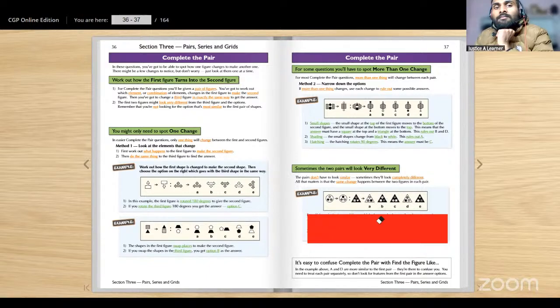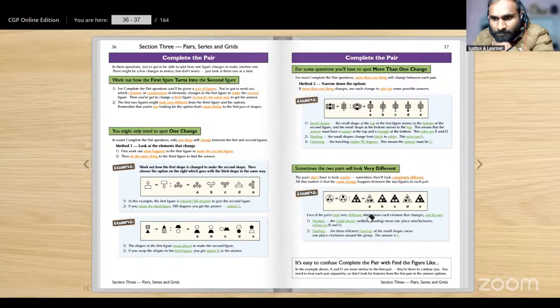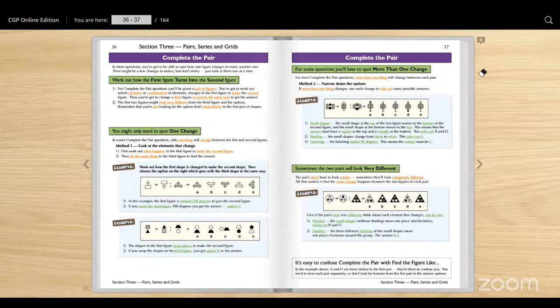Where have you gone? Prisha, Prisha. Oh, when I was opening my pen, I think I pressed the mic button. So I'm just thinking of how I can explain it.